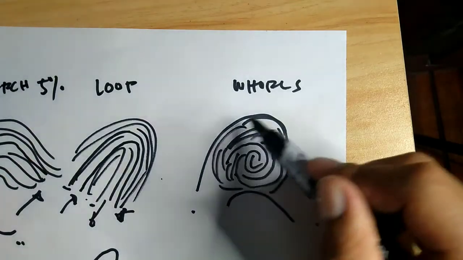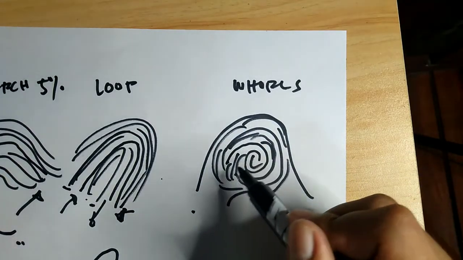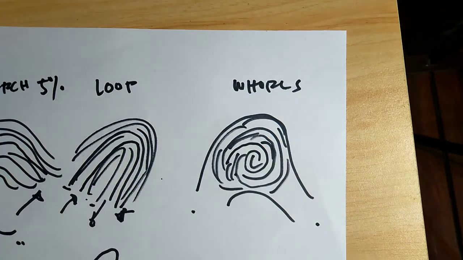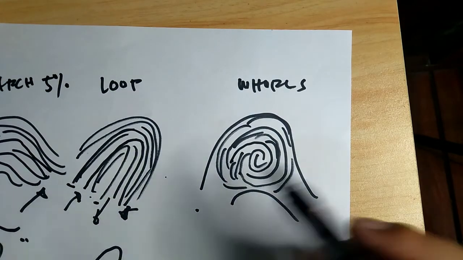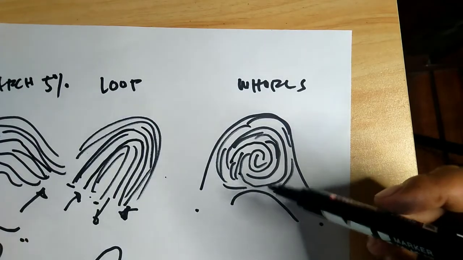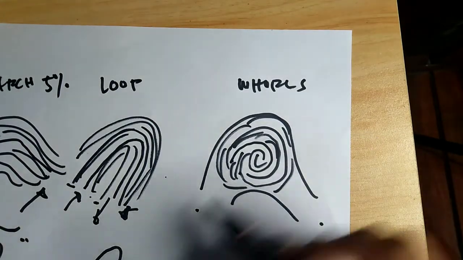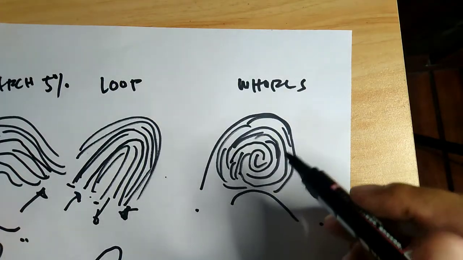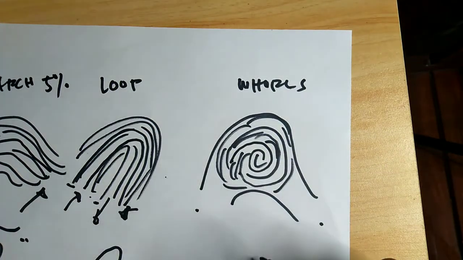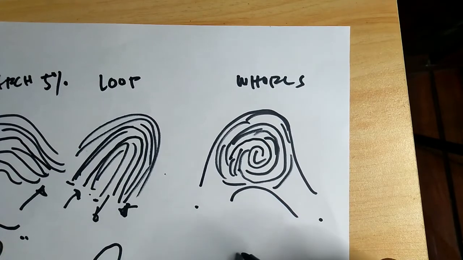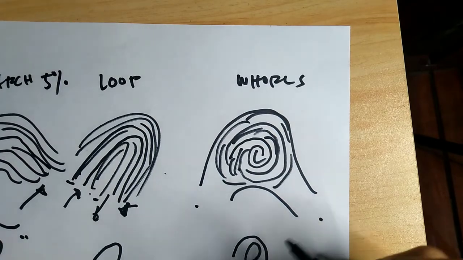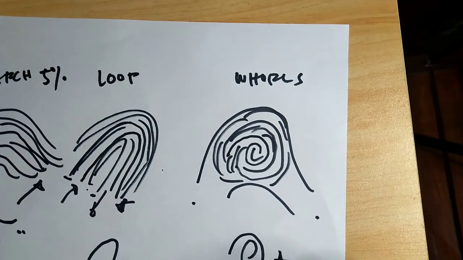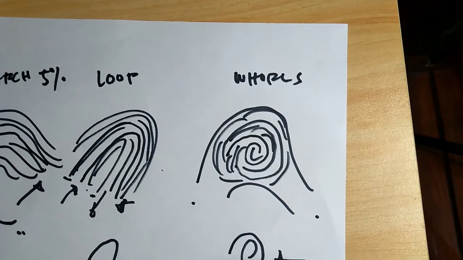No, it just goes around. Do we have a recurving ridge, a pattern where it enters on one side, recurves, and goes back to where it entered? We would see that if it were a loop, but we don't, because it is all circular. So if the pattern forms a spiral or a 360 turn, then that will be considered a whorl.